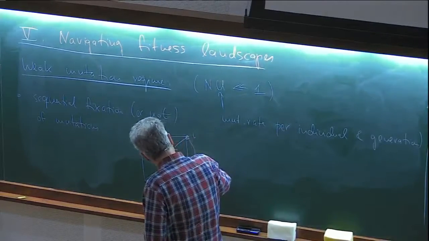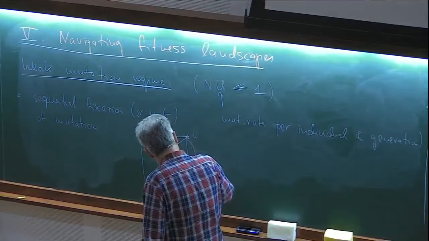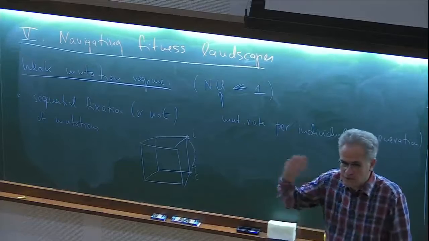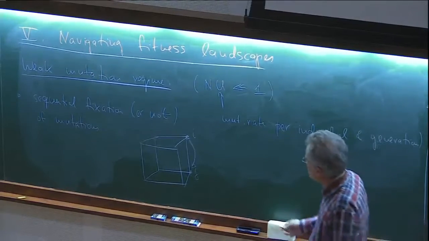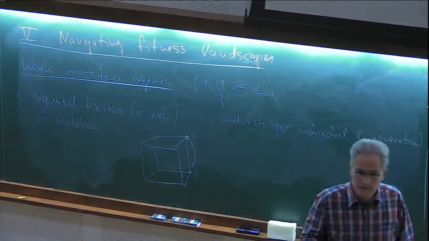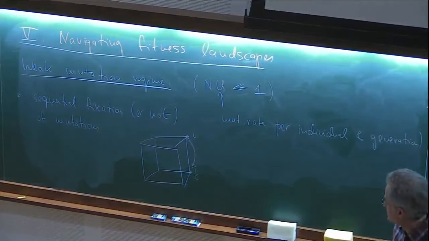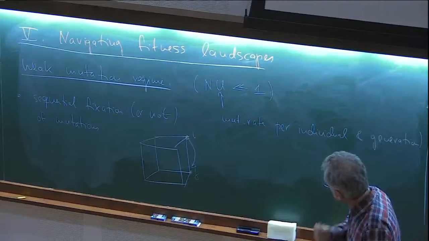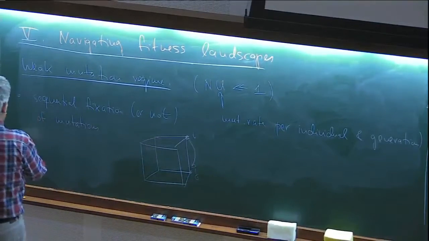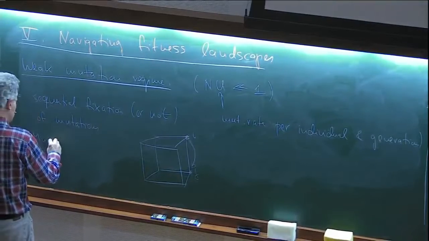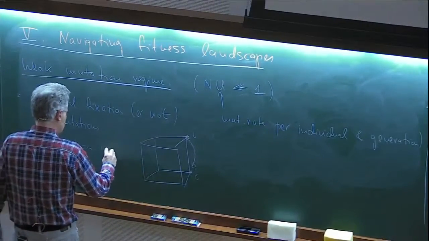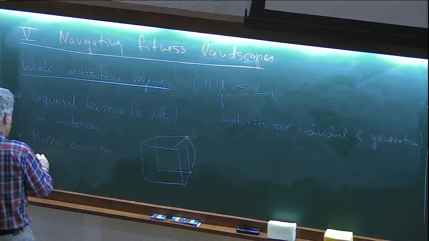If it fixes, then it goes to another genotype J. This is the elementary step, and only single mutations can fix. So this thing is moving around on this hypercube in single mutational steps. Mathematically speaking, this is a Markov chain on the hypercube, or on the sequence space.